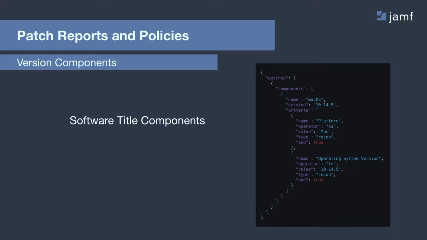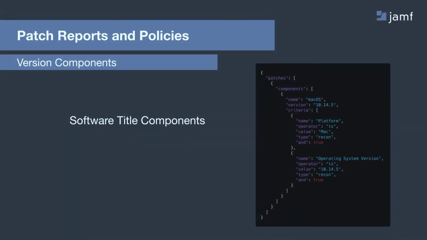So the version, it has to report version 10.14.5. The platform has to be Mac. For Mac OS, that kind of makes sense. If anyone still ever used the Windows Recon features of Jamf Pro? So a carryover from that era, but the key thing here is that operating system version is 10.14.5.